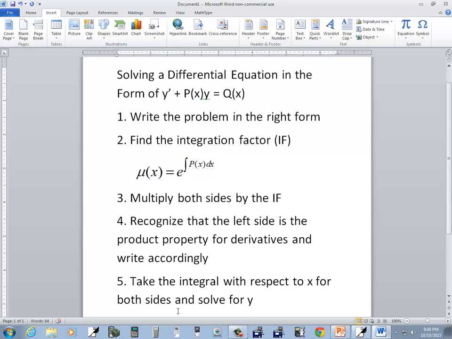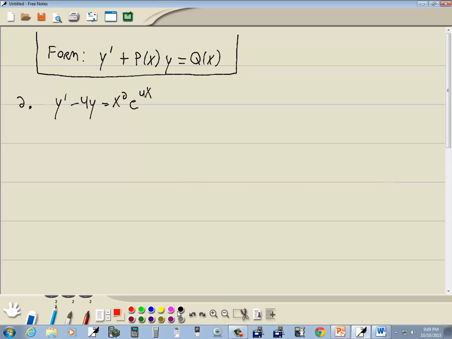It's kind of implied since we're trying to find the general solution, but then solve for y. Well, the step 1, it's in the right form. We got y prime by itself, nothing in front of it. We got the y part over here with something in front of it, and then everything else over the other side. Now, based upon our form, the negative 4 is our p of x.